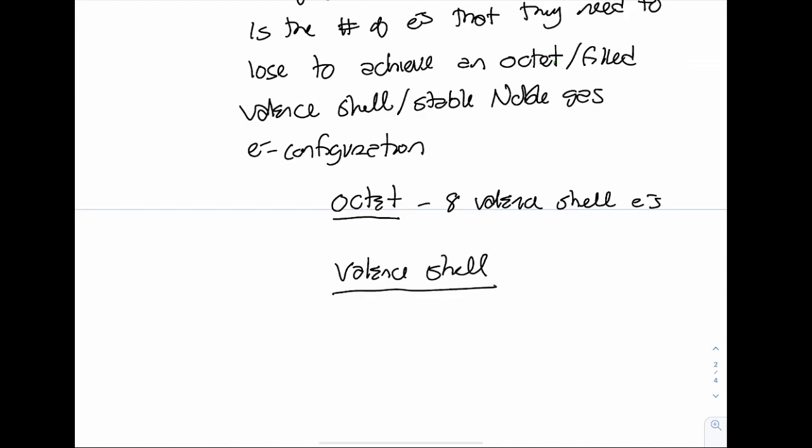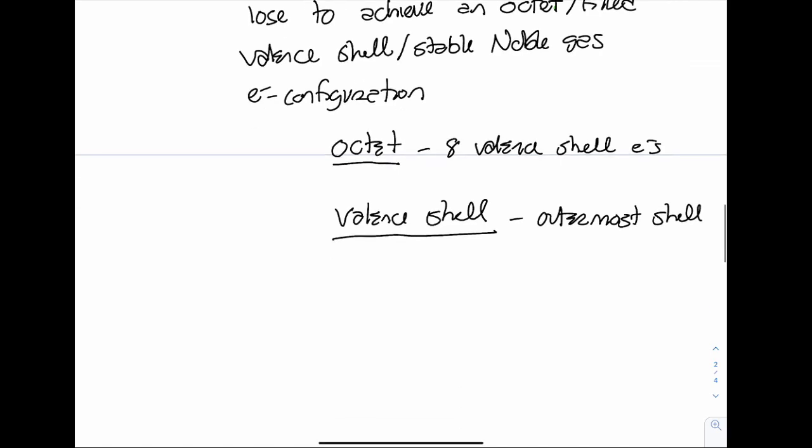A valence shell is our, we could say, outermost shell. It's often defined that way, but that can be confusing. I'll write it, but I'm going to define it a couple different ways. A lot of times they'll say it that way in lower level classes.